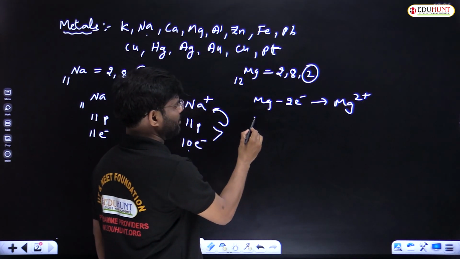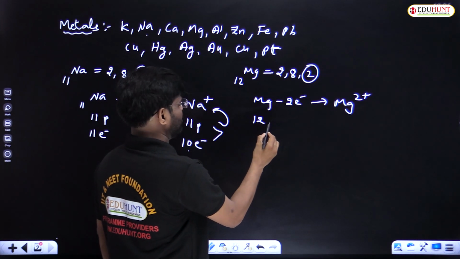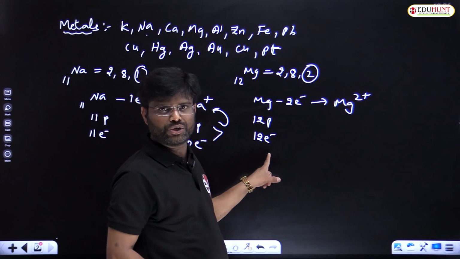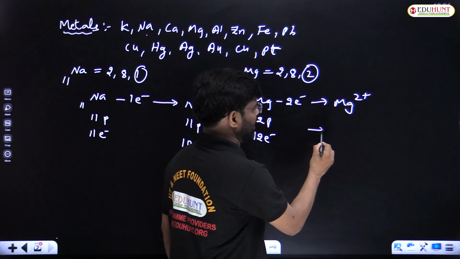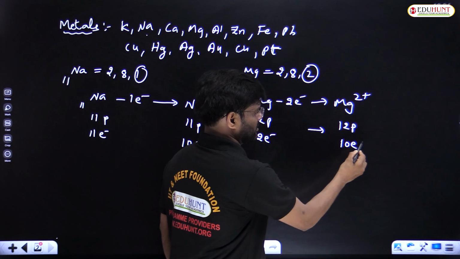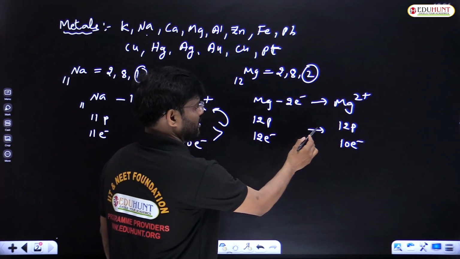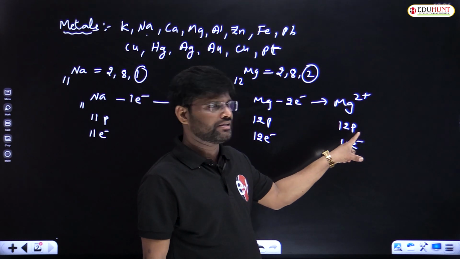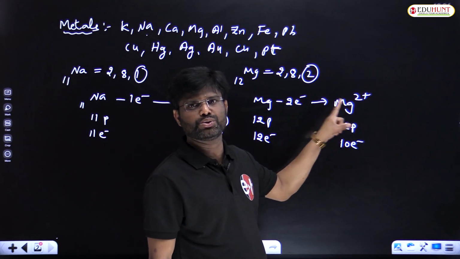Magnesium has 12 protons and 12 electrons. When I remove 2 electrons, we get 12 protons and 10 electrons, and the difference is 2. 2 protons are more, that's why I am showing plus 2.